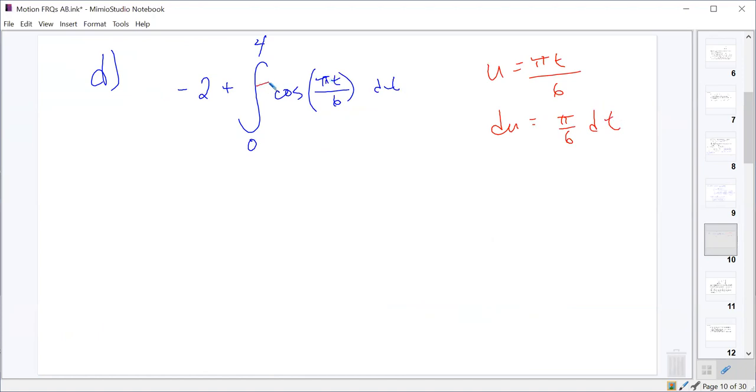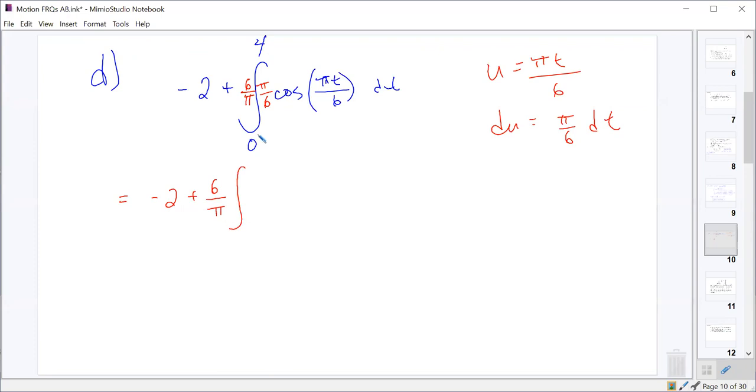We've got the dt, we put in the pi over 6. If we put in a pi over 6 on the inside, we're going to put the reciprocal of that on the outside, 6 over pi. Everybody good with that? People in Zoom, you good with that? Yeah. All right.